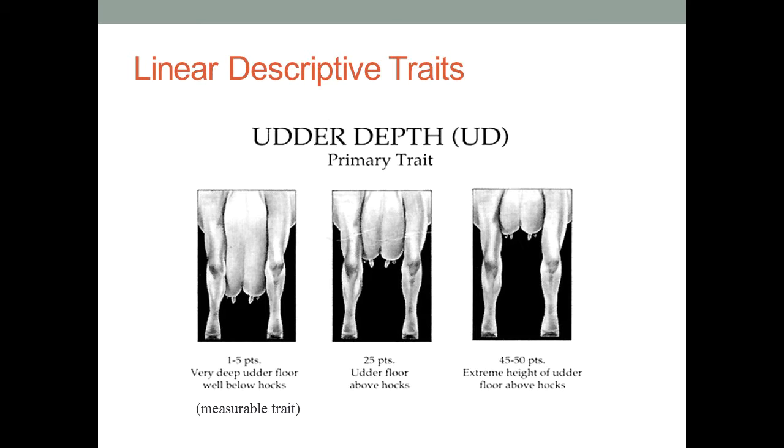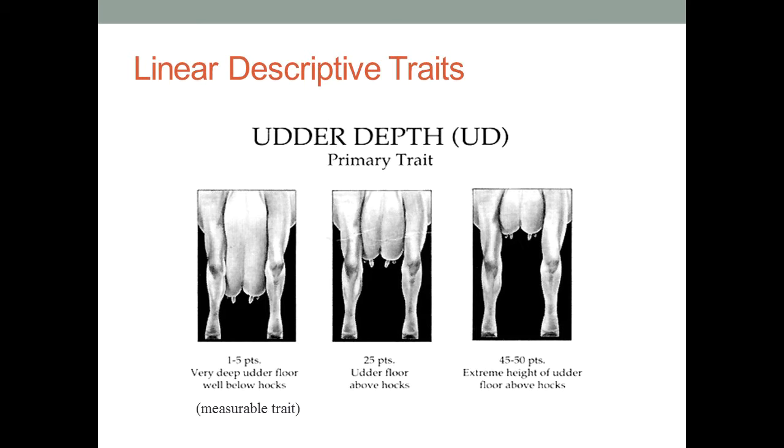Second, pay attention to which are one-way traits, so in other words, kind of a low to high, where the high value of 50 would be considered ideal, versus which traits are what we call two-way traits, where the intermediate is ideal and the cow can vary in either direction from that ideal.